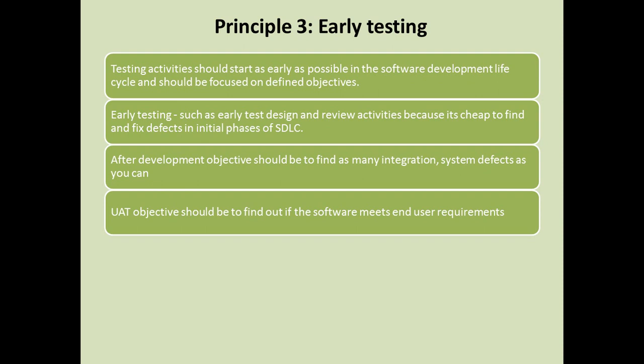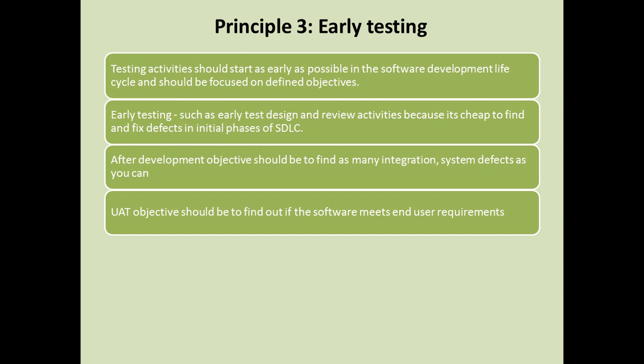In the early phases of SDLC, testing should focus on finding any design or requirement issues. In the functional testing and system testing phases, testing should focus on finding as many integration or system defects as the test team can.